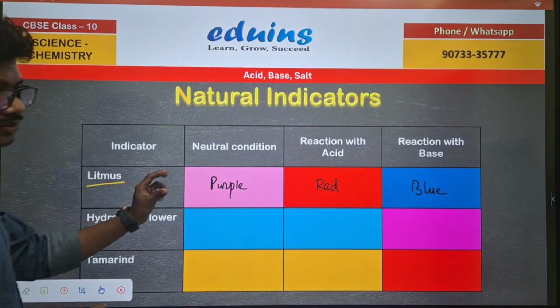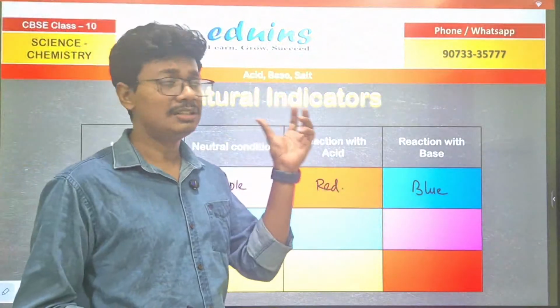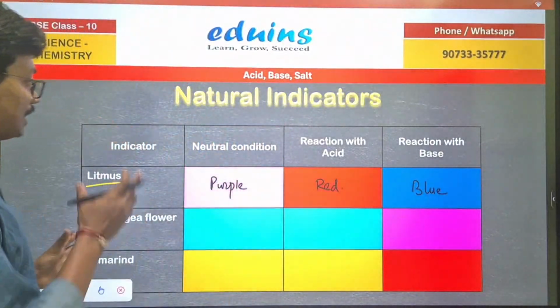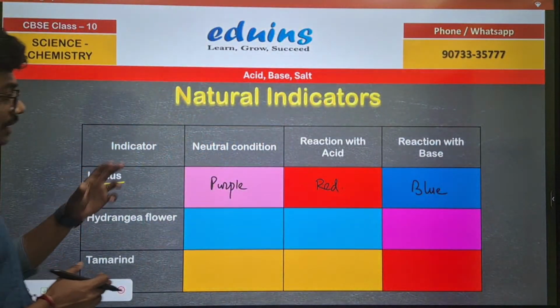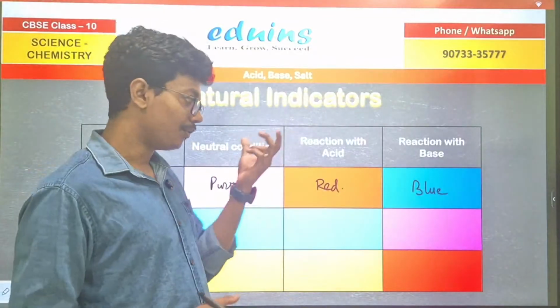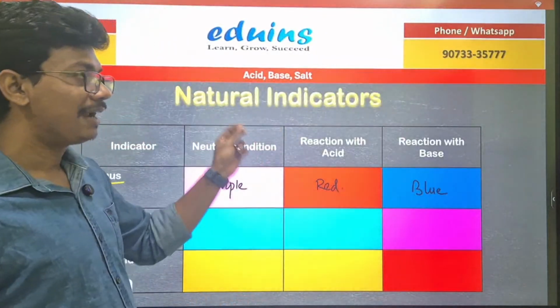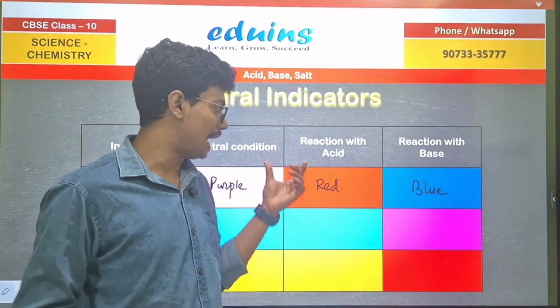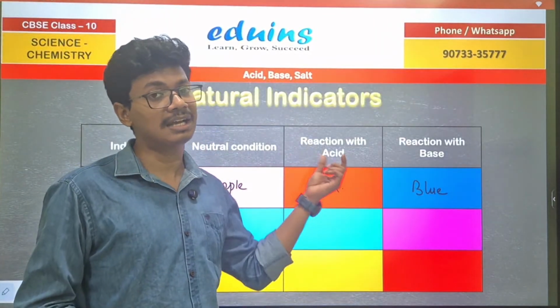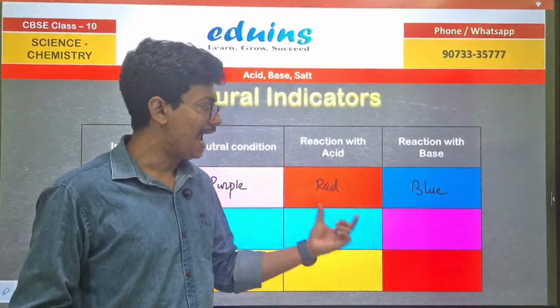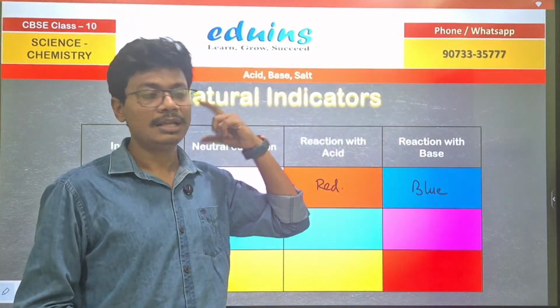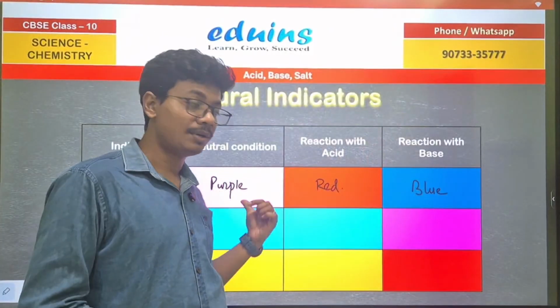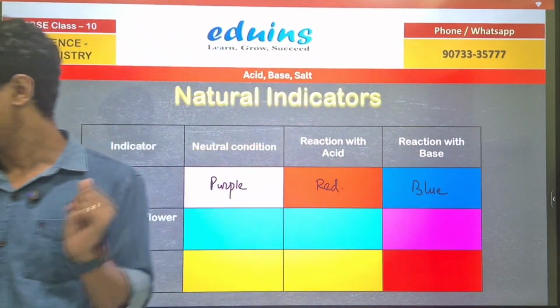Litmus in your natural or neutral condition is purple in color. When it is placed into the acid medium, it will change its color into red. And in case of basic medium, it will change its color from purple to blue. Clear?